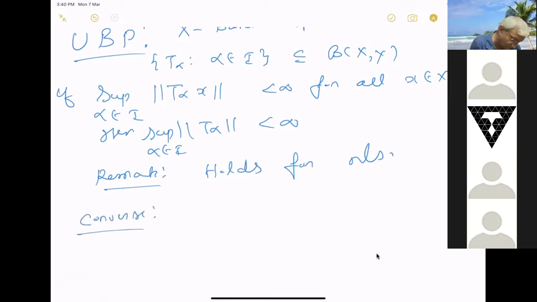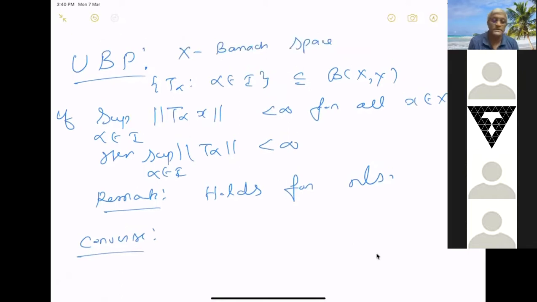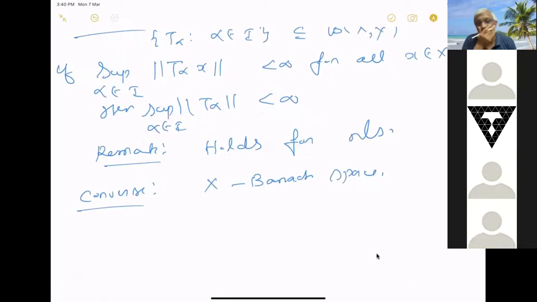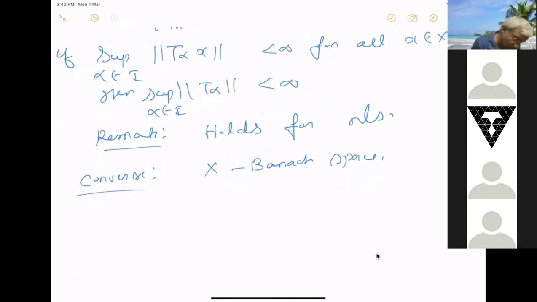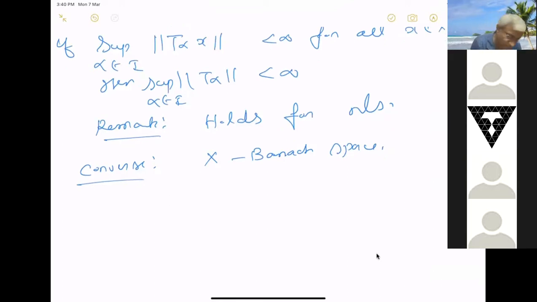So the converse of the theorem says that if X is, let's take it, a Banach space, and T alpha is a family of bounded operators from X to a different Banach space Y. It's too slow.